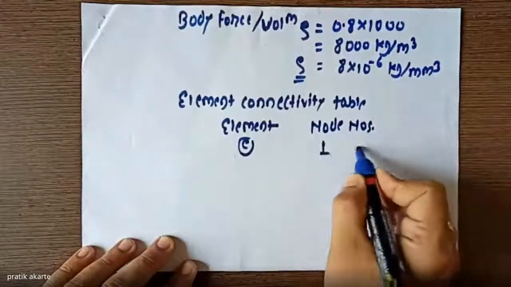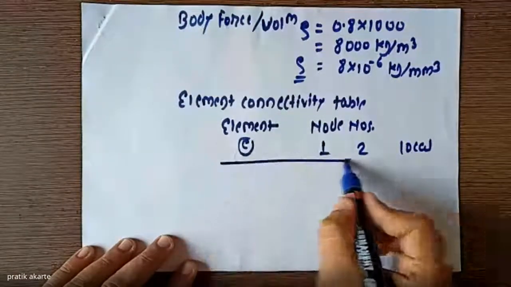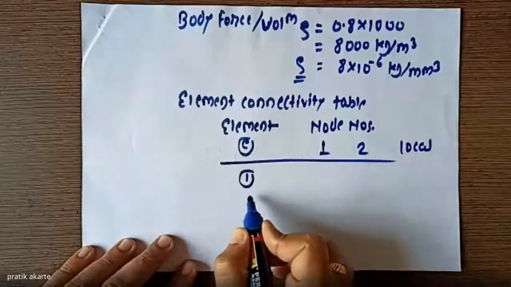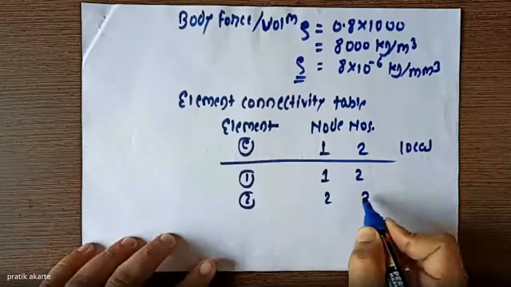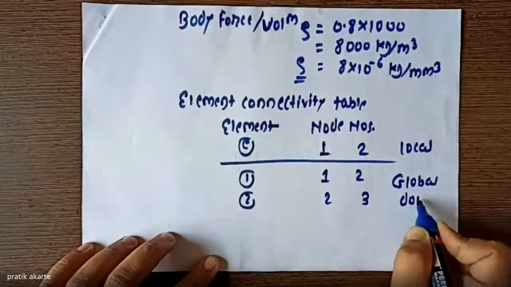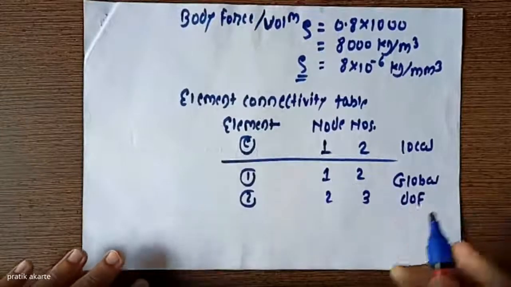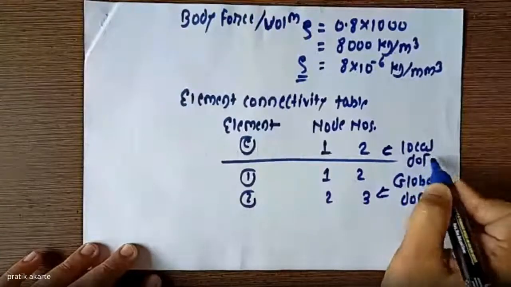So I'll write 1 and 2 as local degrees of freedom, and I'm having only two elements, 1 and 2, so that's why I can write 1, 2 and 2, 3, having global degrees of freedom. Okay, so this is your element connectivity table.